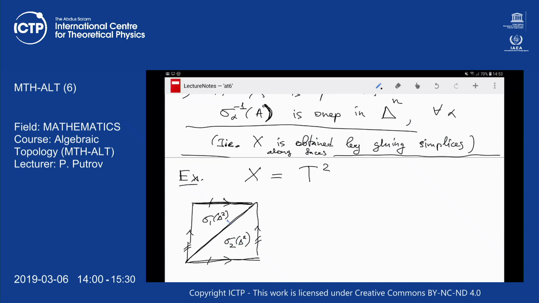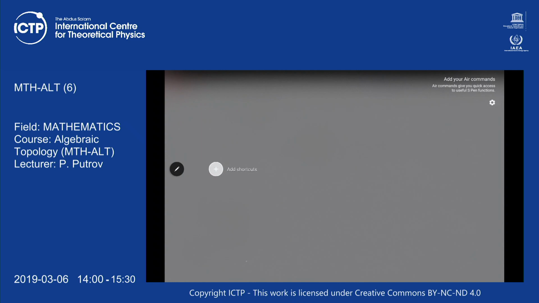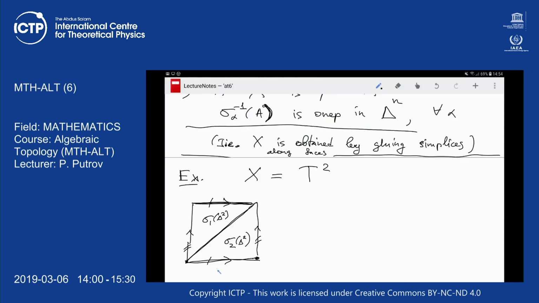But for simplicity, I won't write this. When I just write sigma here, I will assume that this is the image of a simplex of the proper dimension. And let me call this sigma 3.